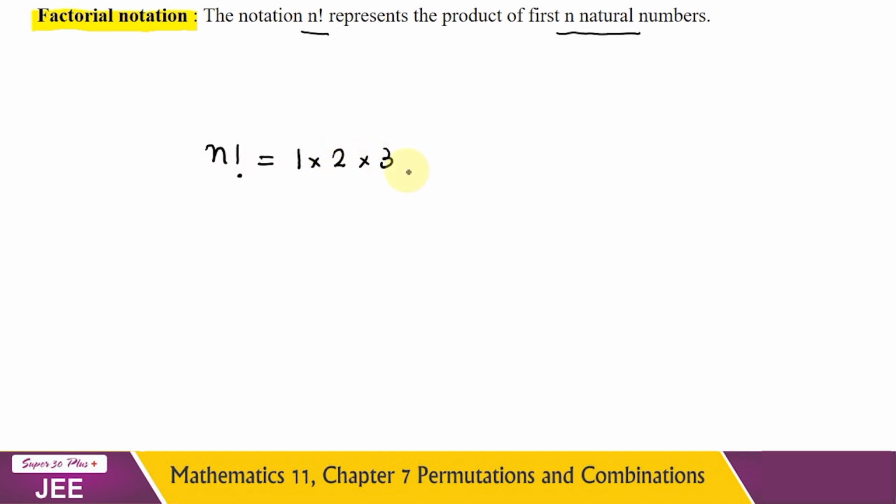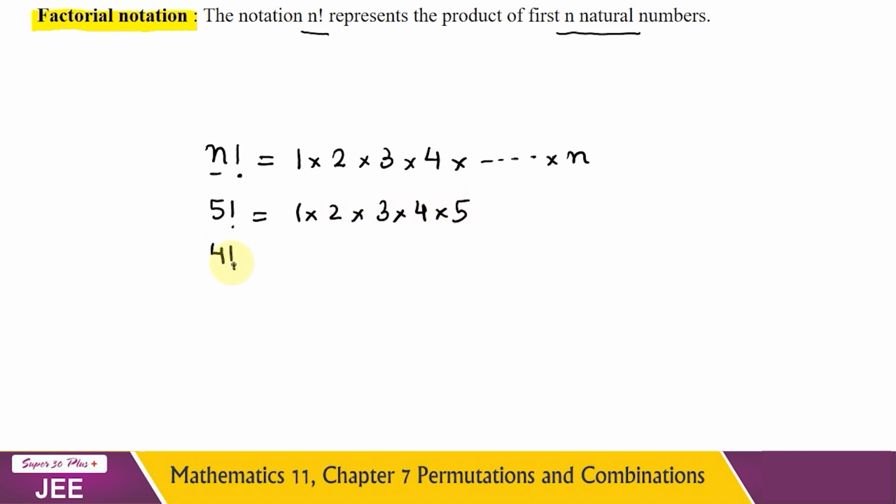So I am going to multiply 1, 2, 3, 4 and so on till the number n, because we are calculating what? N factorial.